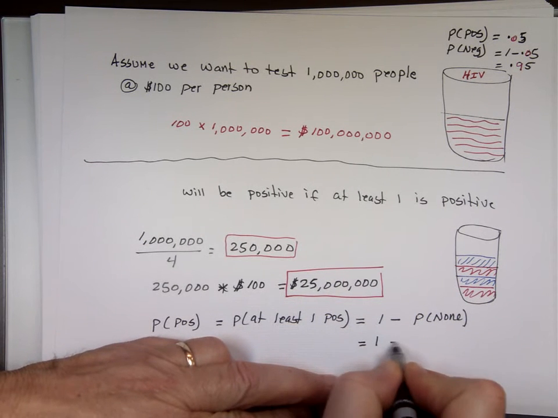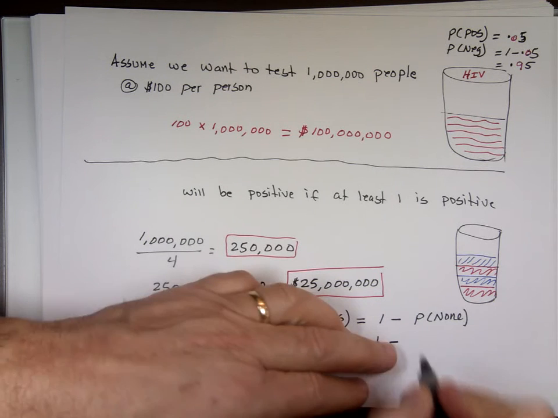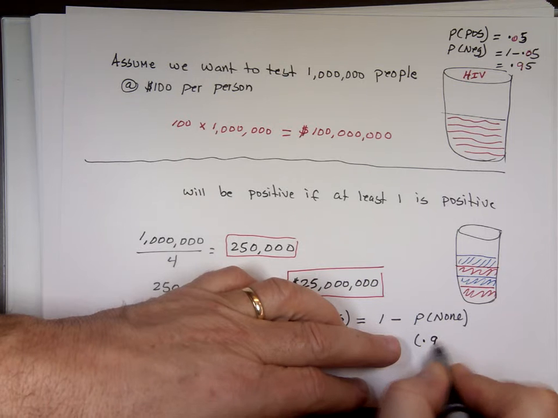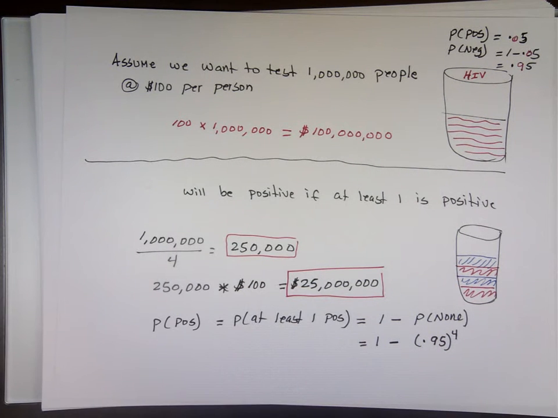What's the chance that tube is not positive, it's negative? That means the first person was negative, and the second person was negative, and the third person was negative, and the fourth person was negative. So what's that chance? 0.95 to the power of 4. The first one's negative, the second one's negative, the third one's negative, and the fourth one is negative.